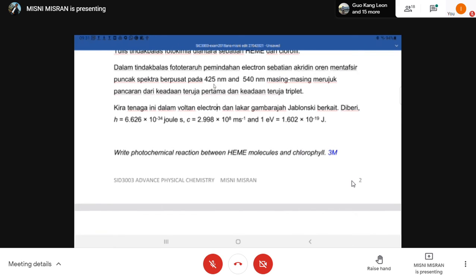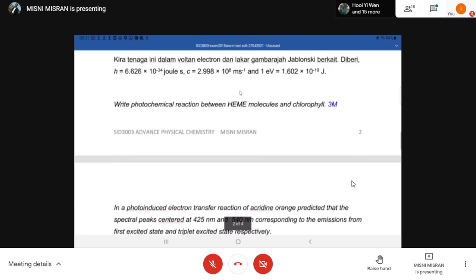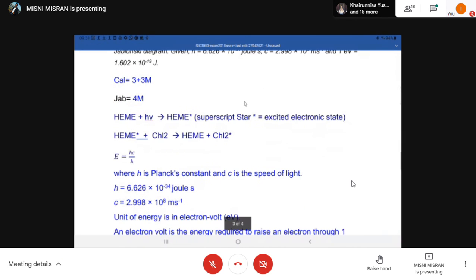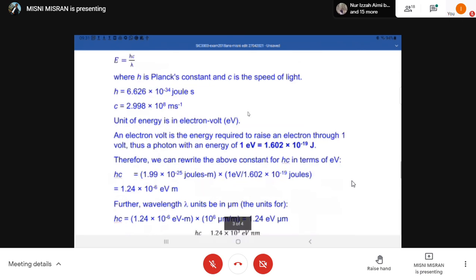They only see the Jablonski diagram, then they see these wavelength numbers and just plug the wavelengths into the Jablonski diagram. Well, you first have to find it out in electron volts. Got that?